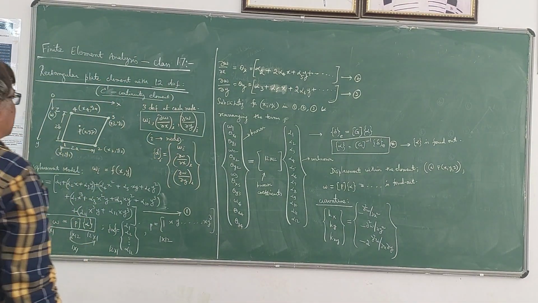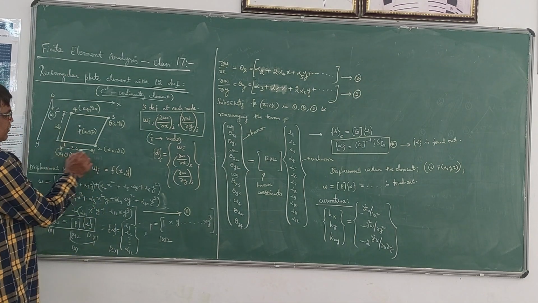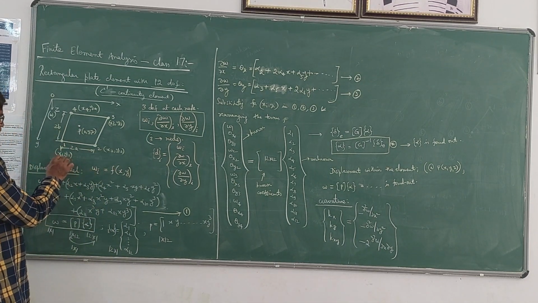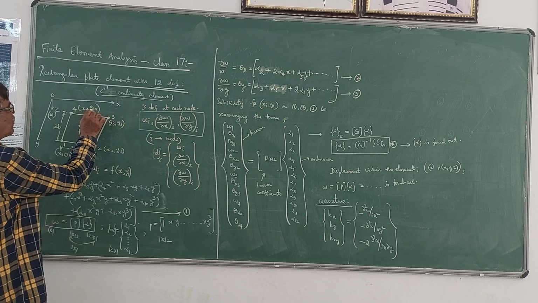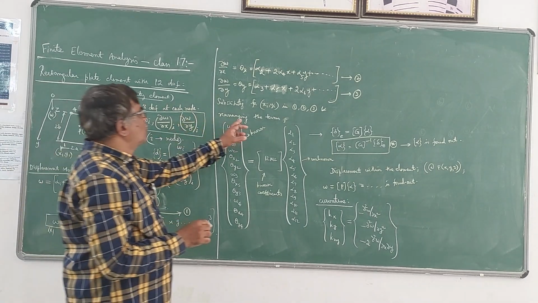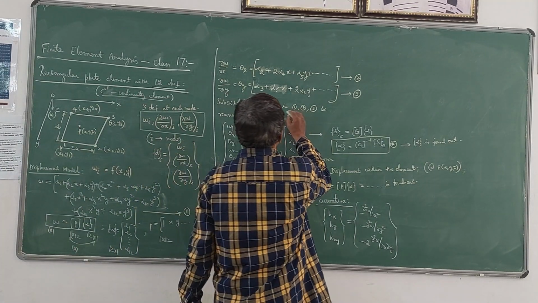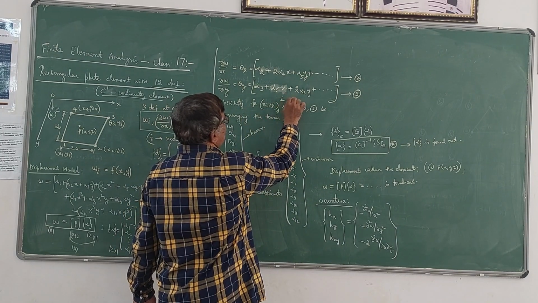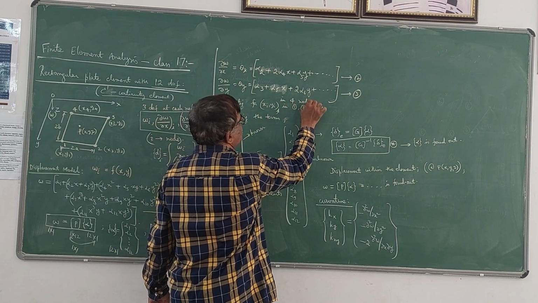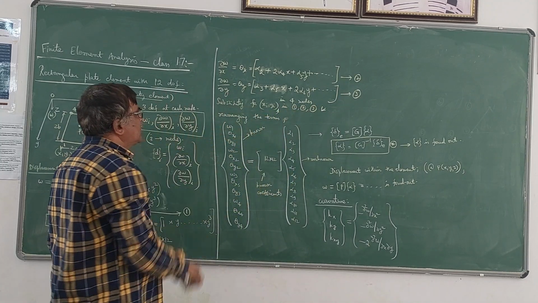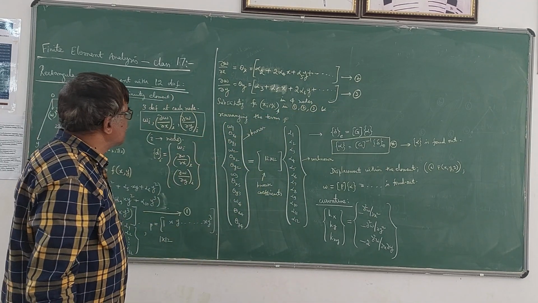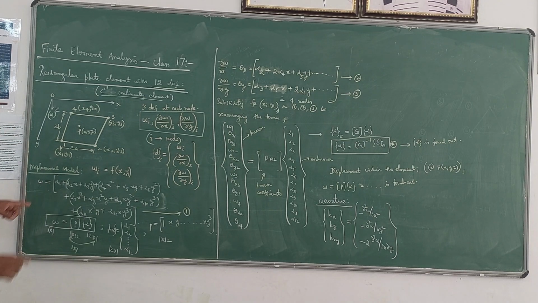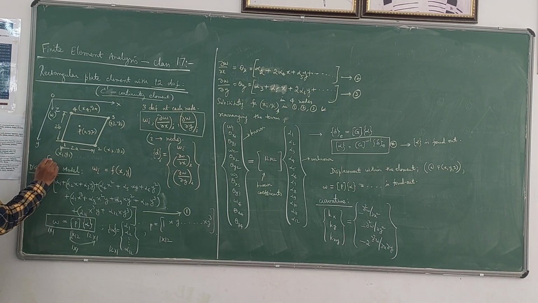Now substituting the values of x, y as x1, y1, x2, y2, x3, y3, x4, y4 in all the four nodes, substituting for x, y in the four nodes in these three equations and rearranging the terms. For example, in the first node you will have w1, theta x1, theta y1.